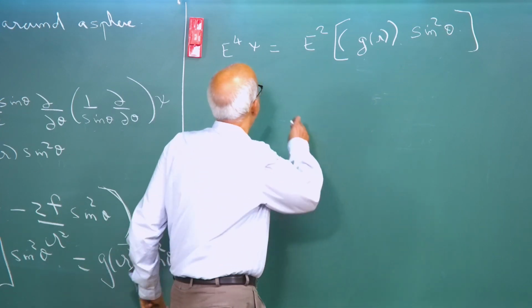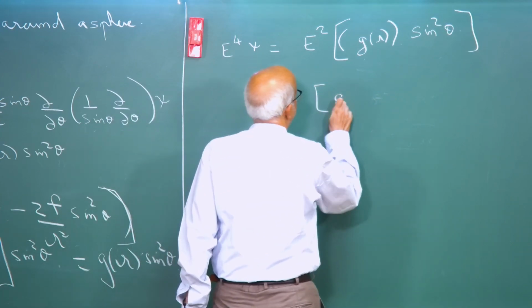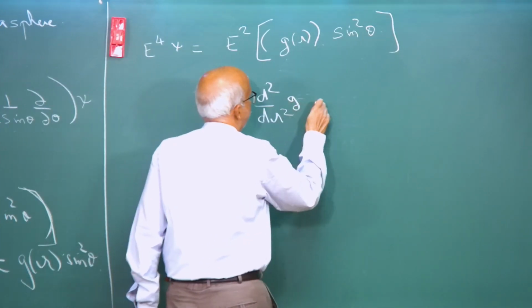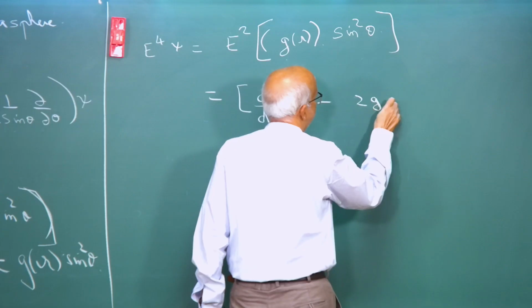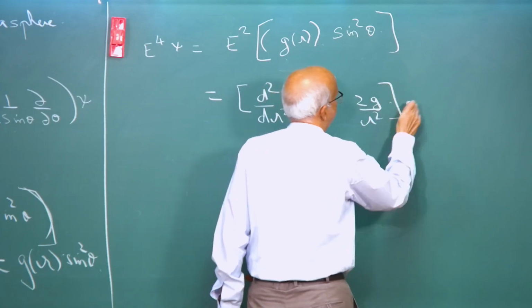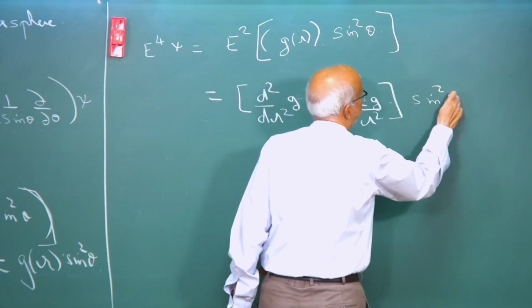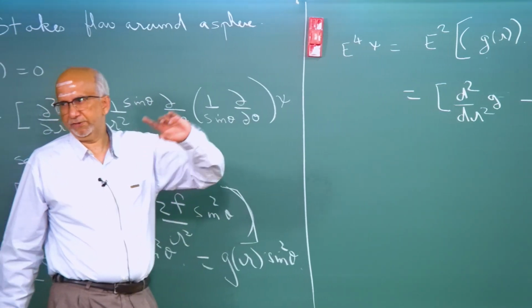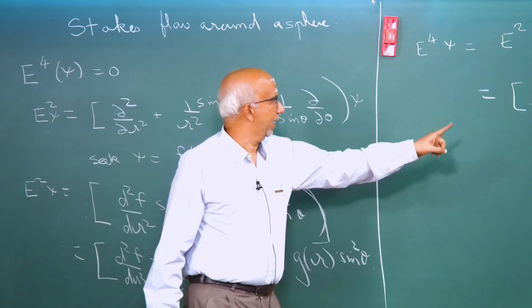So this is going to be d square by dr squared of g minus 2g by r squared sin squared theta. If it is f, I have that, so g, I have this, and g is nothing but that.